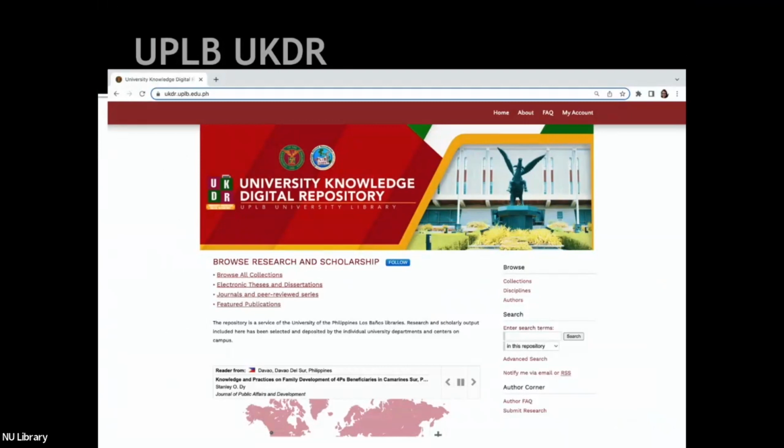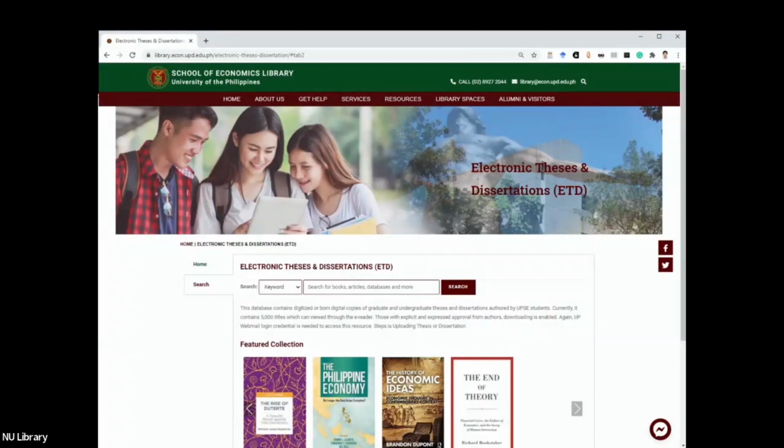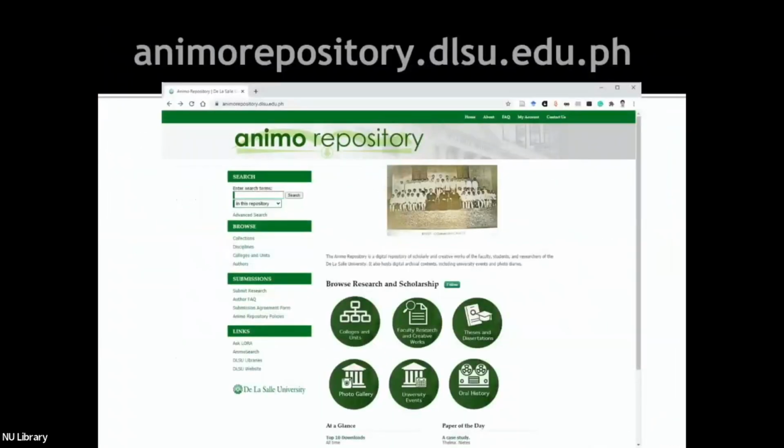The UPLB has the University Knowledge Digital Repository. Also, the College of Engineering of UP and the School of Economics have their own. And DLSU names theirs the Animo Repository.